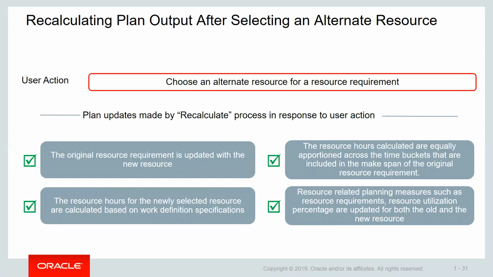In addition, the resource hours for the newly selected resource are calculated based on work definition specifications. Please note that a simplifying assumption is made that both the old and the new resource have approximately the same processing rates.